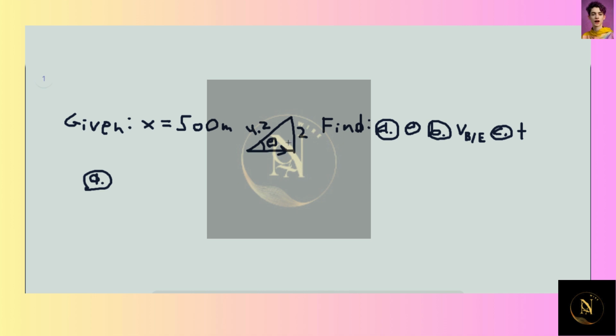So we have a triangle here. So we can use sine of theta is equal to opposite over hypotenuse. So it's going to be equal to 2 over 4.2.